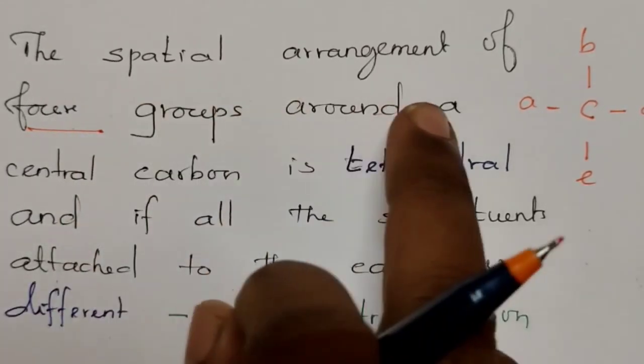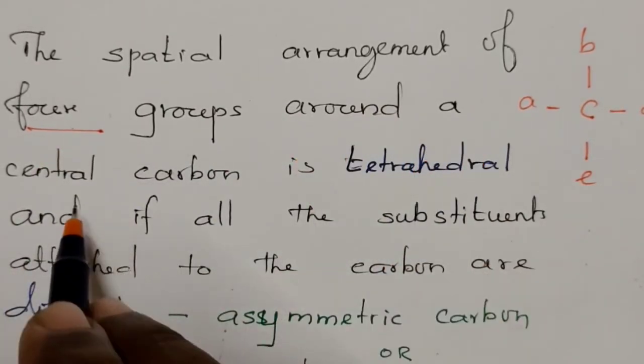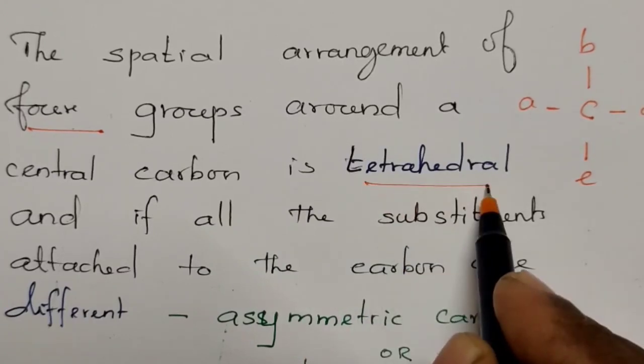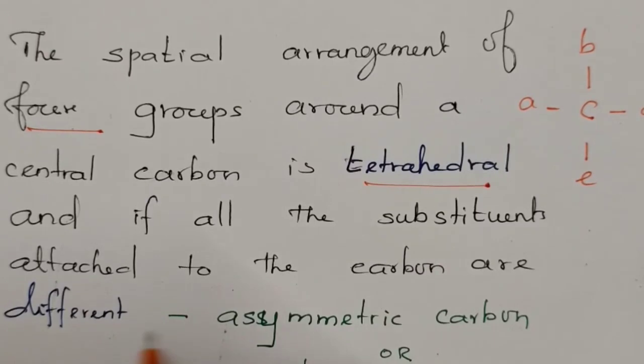The spatial arrangement of the four groups around a central carbon is tetrahedral, and if all four substituents are different, then it is called asymmetric carbon.